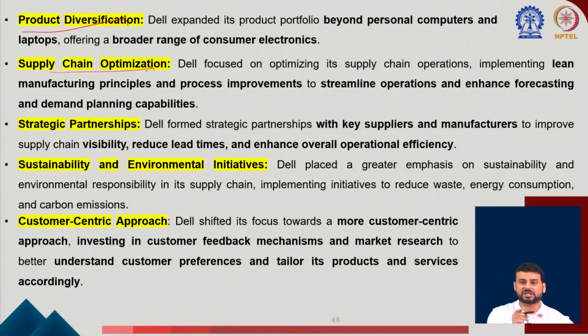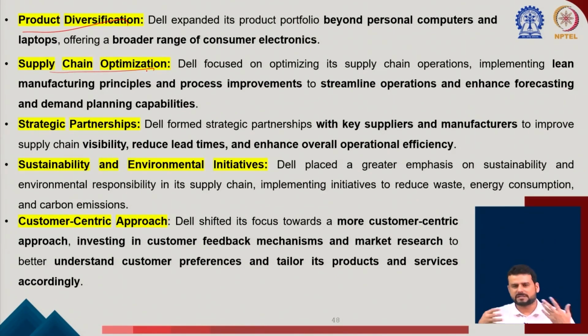Supply chain optimization: they focused on how they can implement it, because now they need to manage the complete supply chain. They have included one more player in their supply chain, that is their retailer. Strategic partners, obviously you will talk about them, and then sustainability and environmental initiatives also.